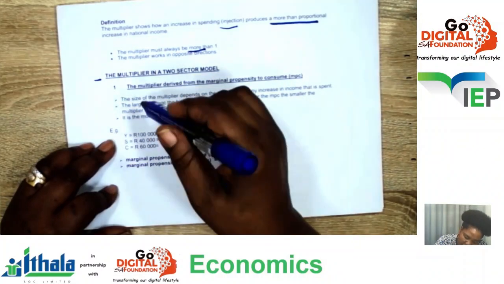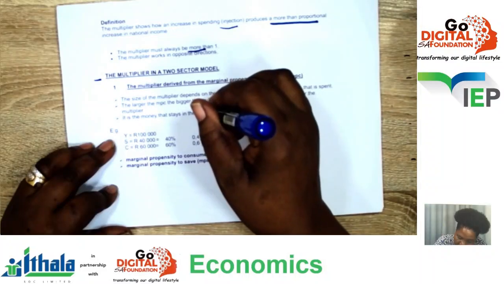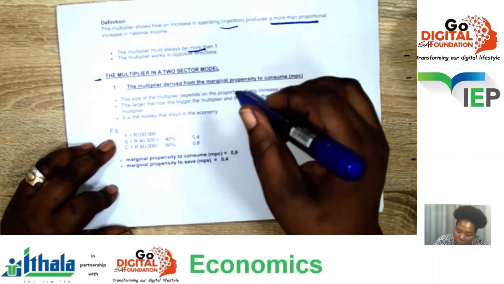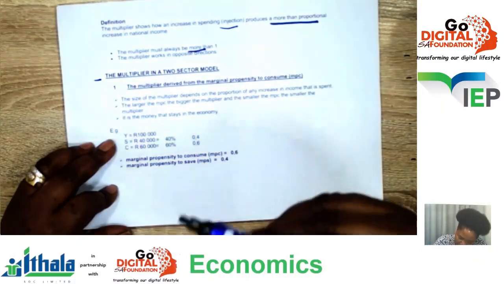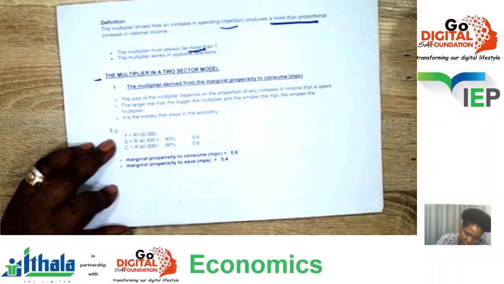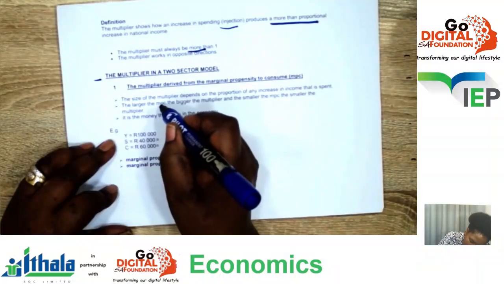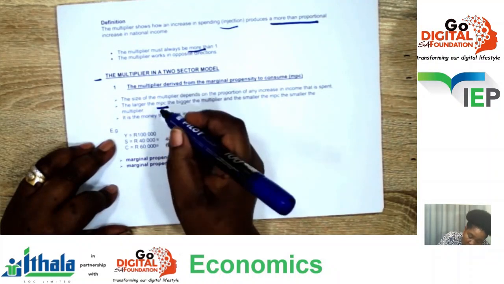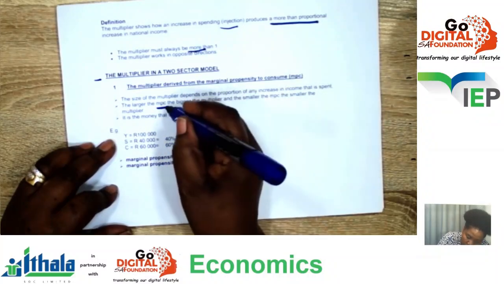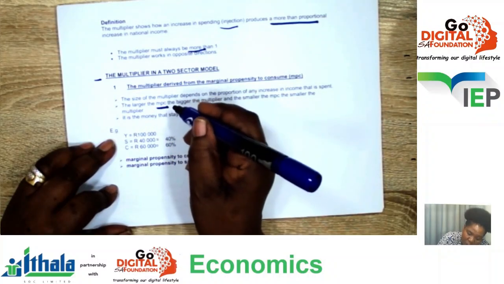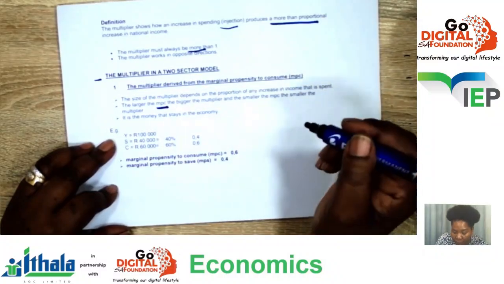They look at the size of the multiplier and want to make sure that whatever money has been put in is multiplied. That is why we say the larger the multiplier, the larger the money that is consumed, which is called the marginal propensity to consume.